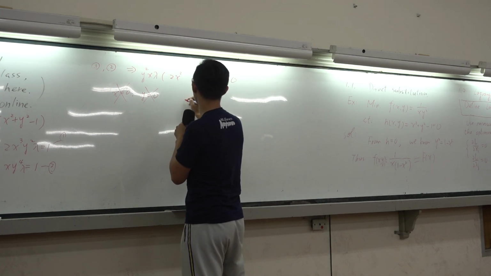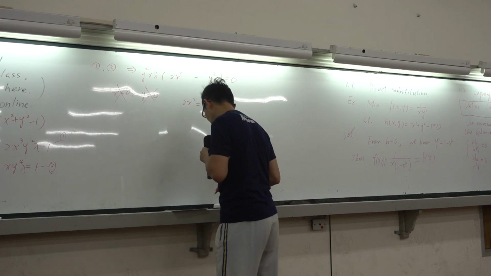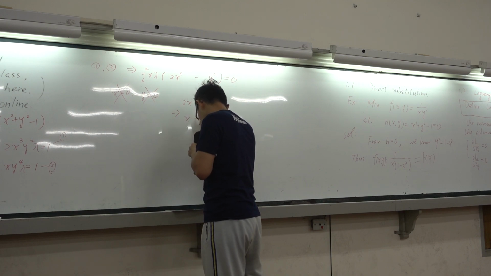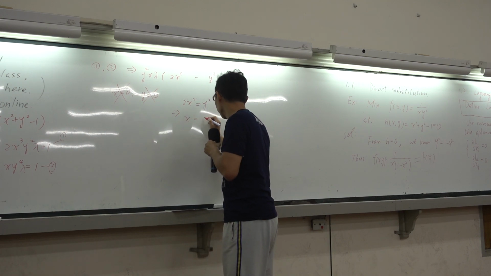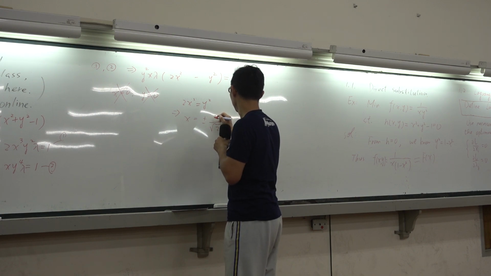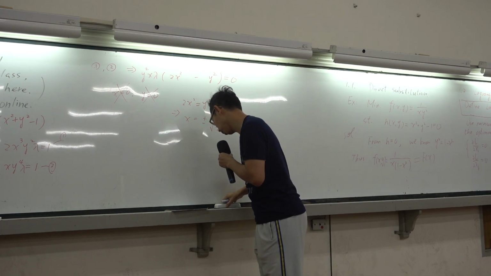Okay, so actually we have 2x squared equals y squared. So from this we know y is like that, plus minus square root 2 x. Oh, wait, that's y.